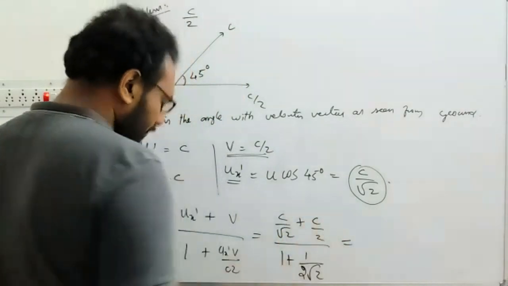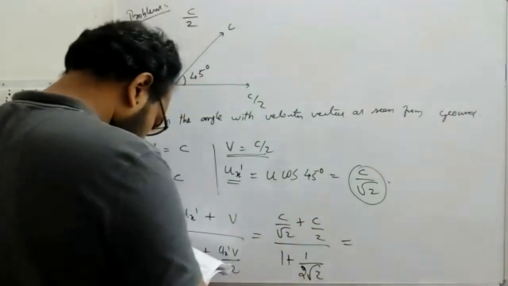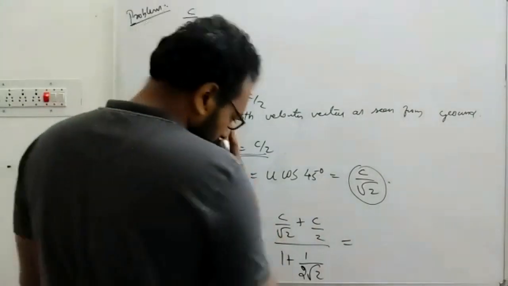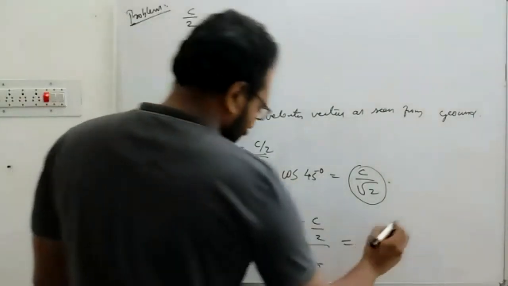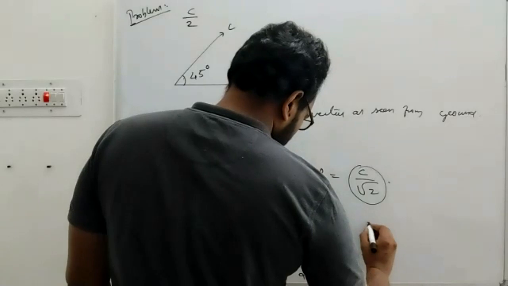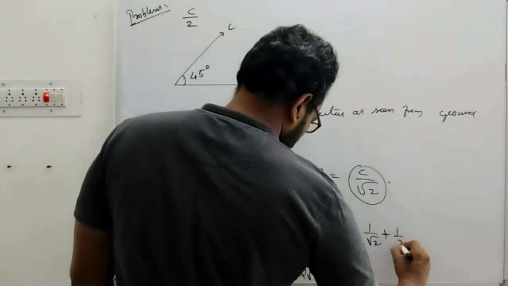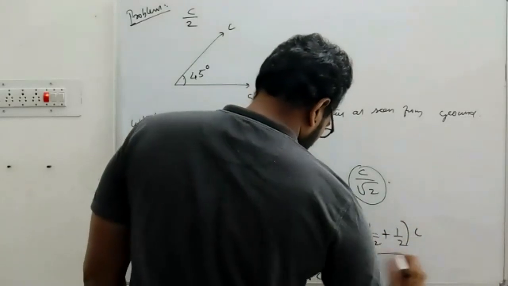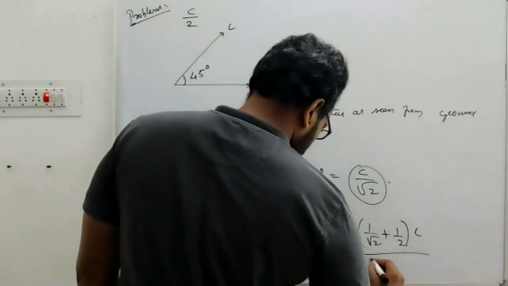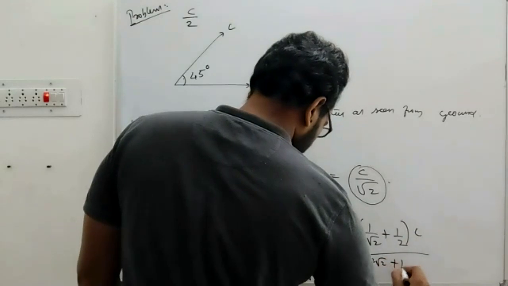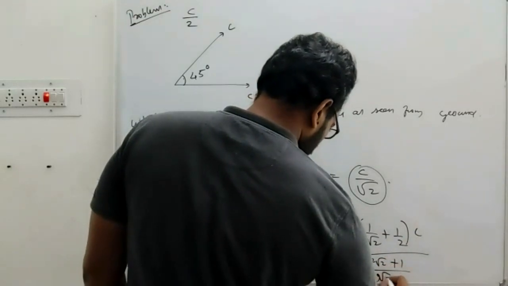So it's c multiplied by 2 plus root 2, divided by 2 root 2, plus 1 divided by 2 root 2.